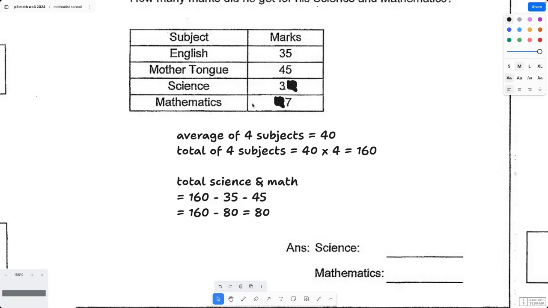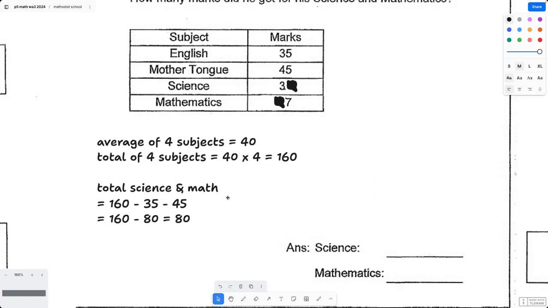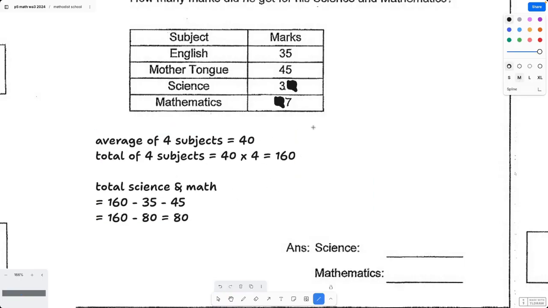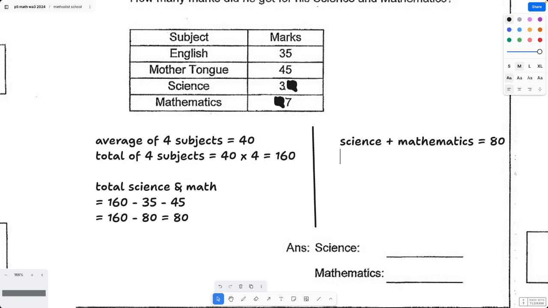All right, so what will be the number if science plus mathematics is equal to 80? In this case, we have the 30 something plus the 7 equal to 80.